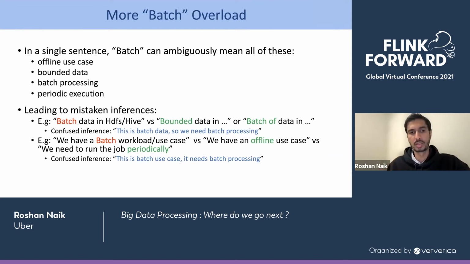So for example, somebody may say, we have batch data in Hive, and therefore we need batch processing. If that phrasing is changed to we have a batch of data, then that could actually imply that you could either use batch processing or stream processing. And in fact, in many of these cases, they are using stream processing just through MPP databases.